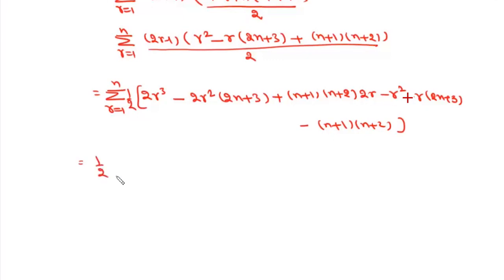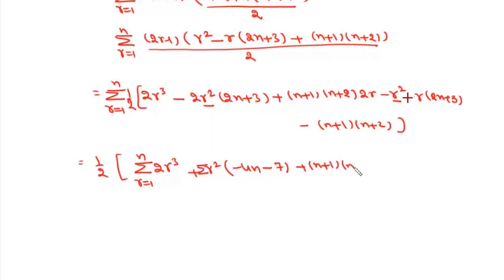So it will be 1 by 2, and then summation of 2r cube where r varies from 1 to n, and then we have r square here, plus r square into minus 4n minus 6 minus 1, so there will be minus 7, plus n plus 1 into n plus 2 into 2, into summation r, minus 2n plus 3 into summation r, minus summation n plus 1 into n plus 2.